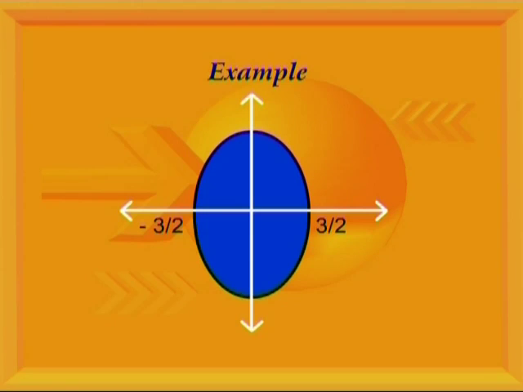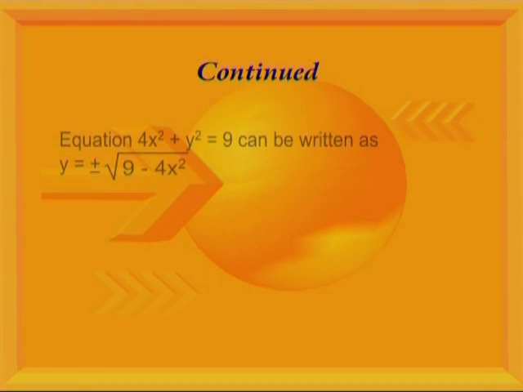We prefer first of all to integrate with respect to y. So for that we draw a line parallel to y-axis. The equation of the ellipse in terms of x can be written as y is equal to plus minus square root of 9 minus 4x square.